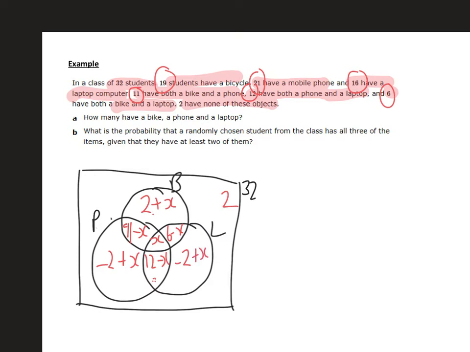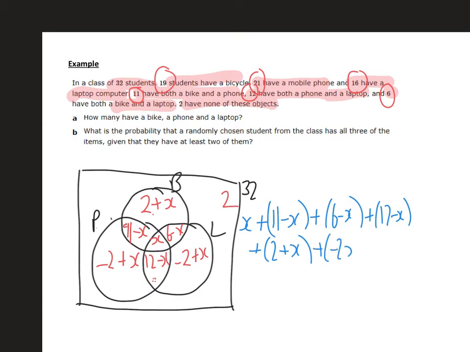And now I know that everything should add up to 32. So let's make an equation. So I've got X. If I work from the middle outwards, add 11 minus X, add 6 minus X, add 12 minus X, keep working outwards, so I've got 2 plus X, add minus 2 plus X, add another minus 2 plus X, add that number 2, that should add up to 32.